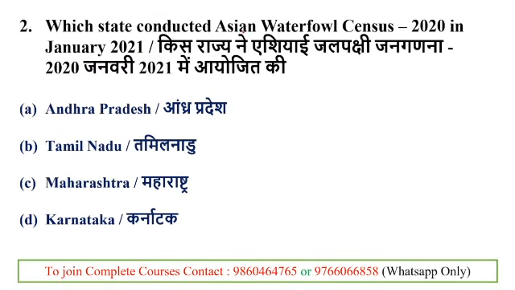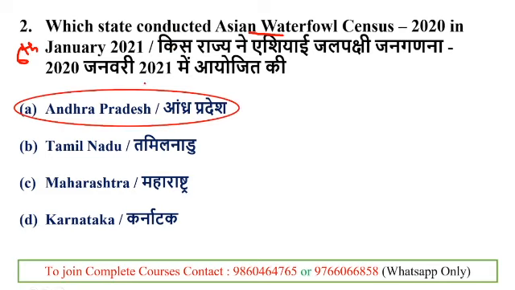Which state conducted Asian Waterfowl Census 2020? That's on 6th January 2021. So here, the Asian Waterfowl Census 2020 was conducted on January 6, 2021, and the state which conducted it is Andhra Pradesh.